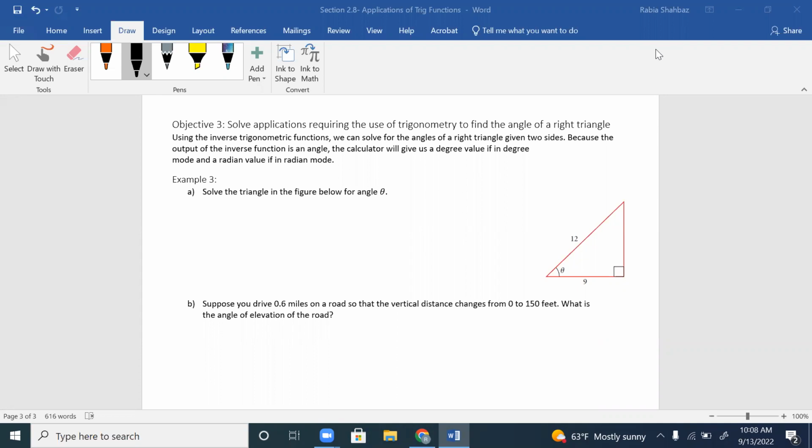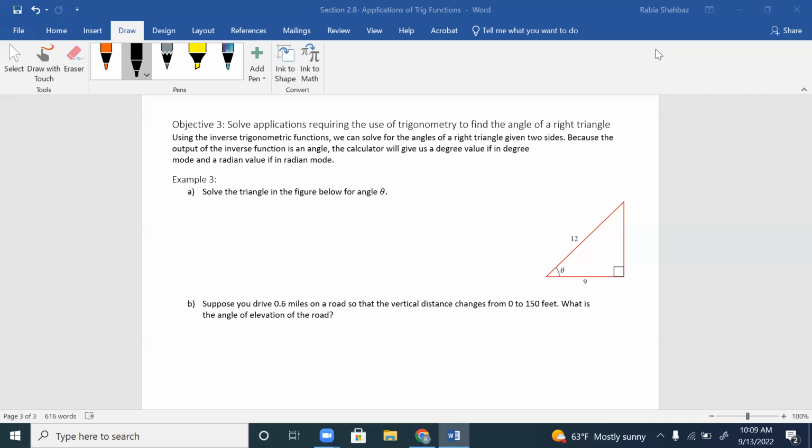If you're sitting on the top of a lighthouse and looking at a boat in the sea, you don't know how far the boat is from the base of the lighthouse, but you can figure out the angle of depression from where you are looking down at the boat, and you know the height of the lighthouse.